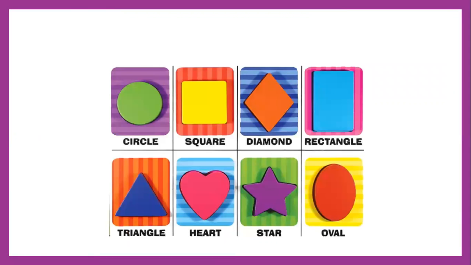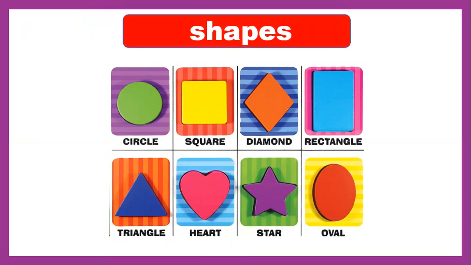Now look at this slide. You have different 2D shapes, right? And you can see circle, square, diamond, rectangle, triangle, heart, star, and oval. You will call them shapes: circle, square, diamond, rectangle.